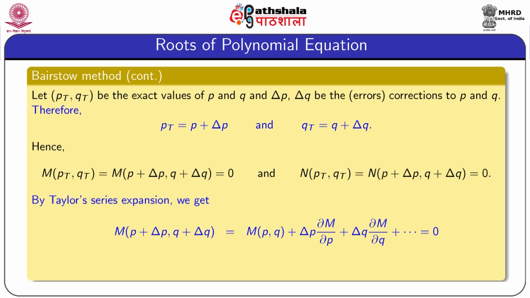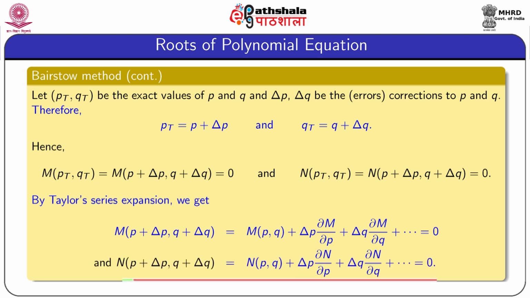Now, by Taylor series expansion for two variables, m of (p plus delta p, q plus delta q) is equal to m at (p, q) plus delta p into the first partial derivative of m with respect to p plus delta q into the first partial derivative of m with respect to q, and so on, and equals 0. Similarly, n of (p plus delta p, q plus delta q) equals 0.